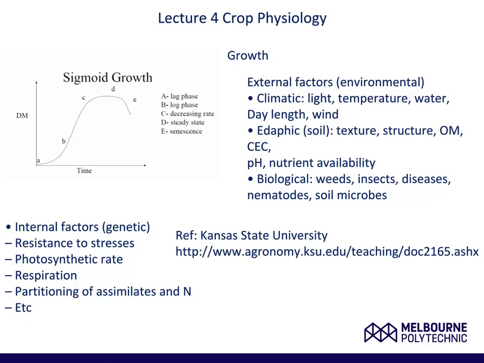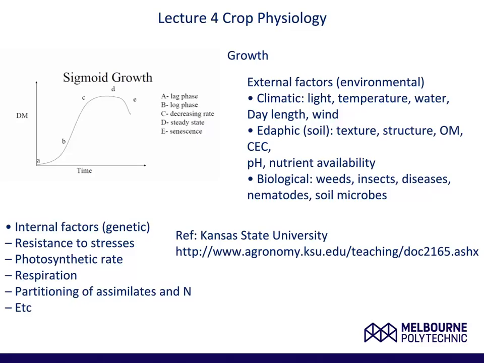Competition for resources from weeds or from insects or diseases or nematodes or soil microbes can all impact on growth. The ability for your plant to respond from a genetic perspective can also be considered when growing plants commercially. That is, how resistant is your cultivar to certain stresses? How good is the photosynthetic rate of your cultivar or the photosynthetic yield of the whole plant?